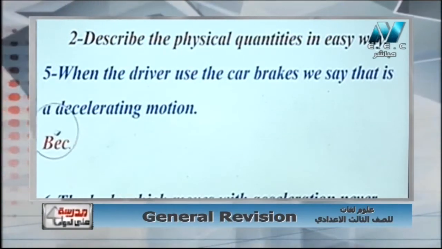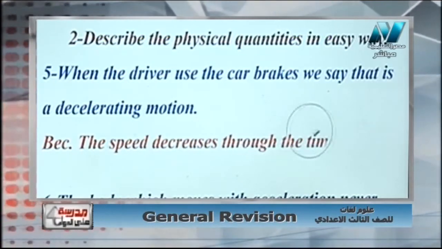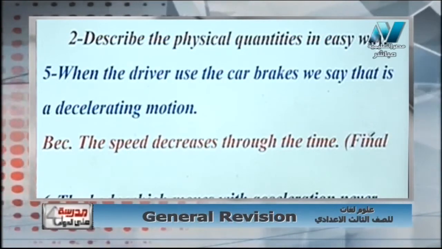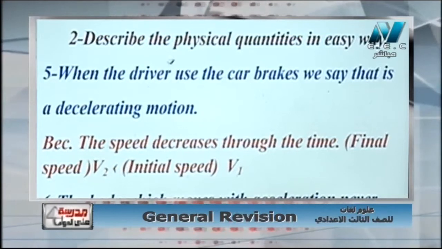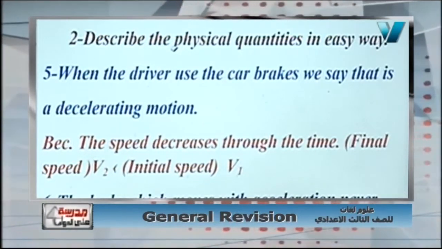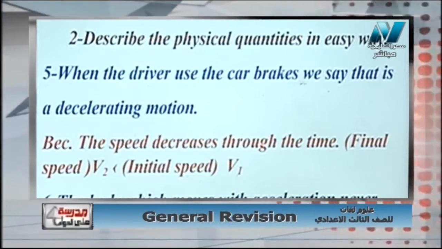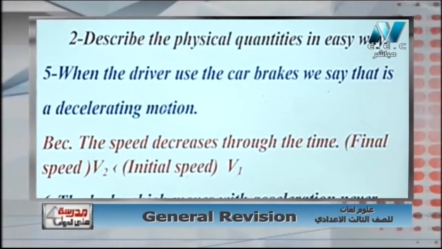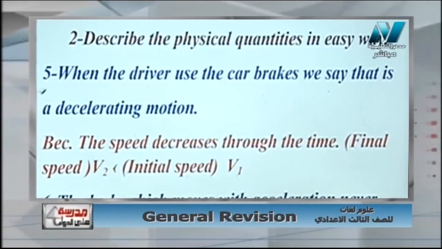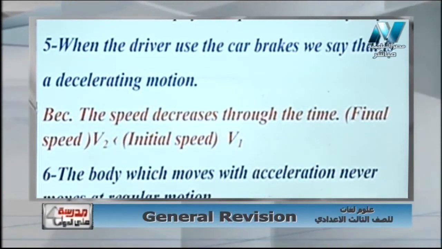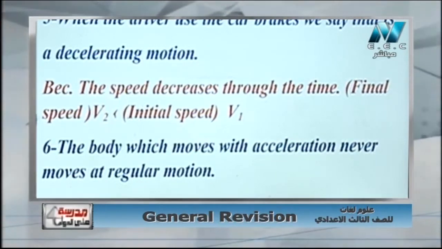Because the speed decreases through time, the final speed is less than the initial speed. So we use here the definition of decelerating motion: the speed decreases as time passes, so the final speed is less than the initial speed.